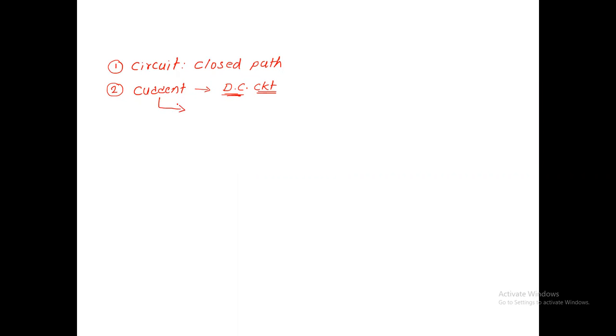What is meant by electric current? Actually, the current is of two types. One is AC current, another one is DC current. We call it a direct current. So let's give more focus to the DC current because our topic name is DC circuit.